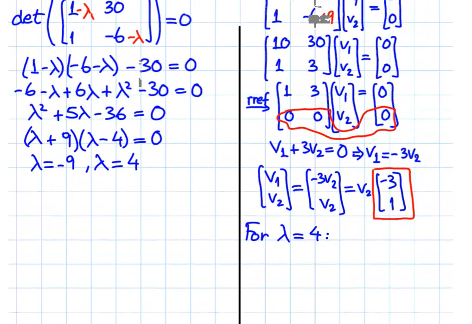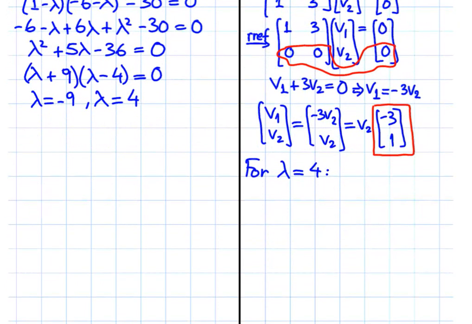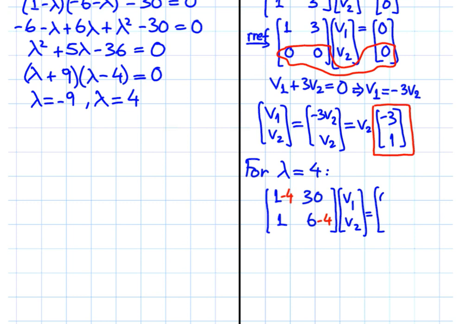Right, so we do the same thing. We'll take the matrix 1, 30, 1, 6, and we subtract the eigenvalue on the diagonal. Multiply V1, V2 equal to a 0 vector.